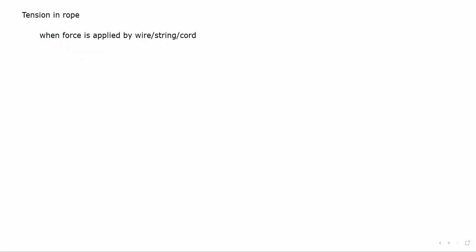And the direction of this force is always to pull the object. Whichever direction you are pulling the object, that will always be the direction in which the tension is acting.